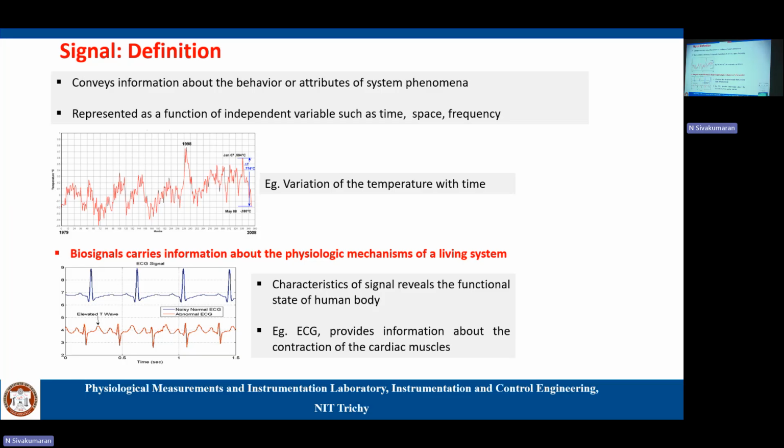See, this is a normal ECG, and this is an abnormal ECG, with some changes in the pattern. Basically we have an ECG machine, which records ECG. If the doctor sees this signal, the doctor says, okay, fine, your heart is normal. But if they see this ECG, they suspect some sort of abnormality.